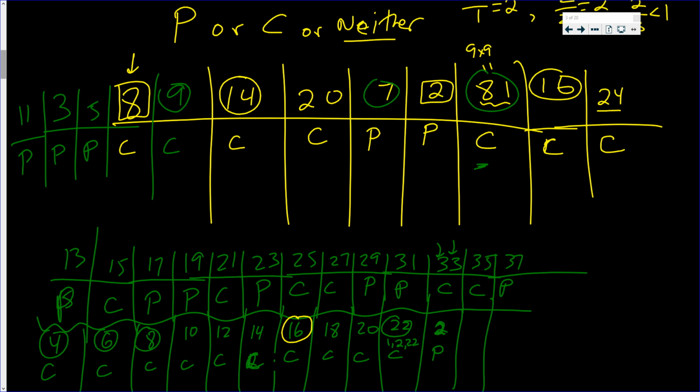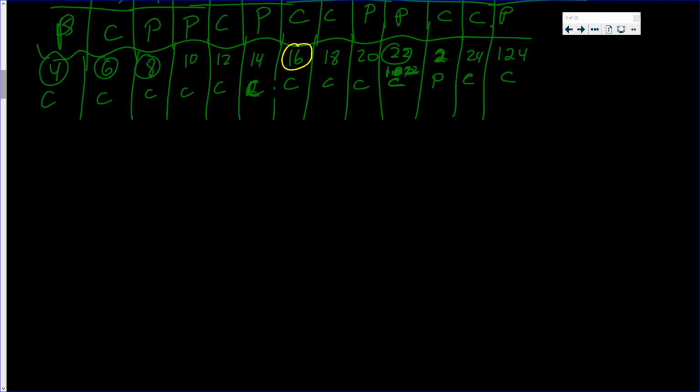I found a number other than 1 and 22. 2 goes into it. It is composite. 24, 2 goes into it. It's composite. Okay, 2 goes into every even number. 2 goes into 124, 62 times. Makes it composite.